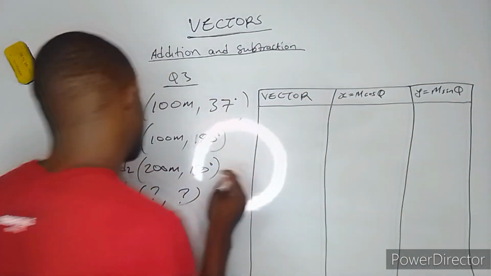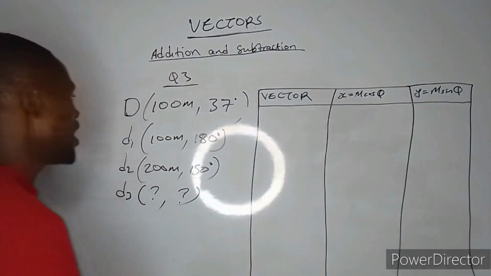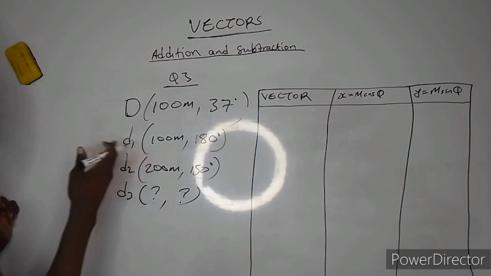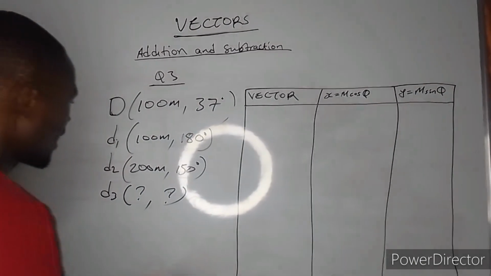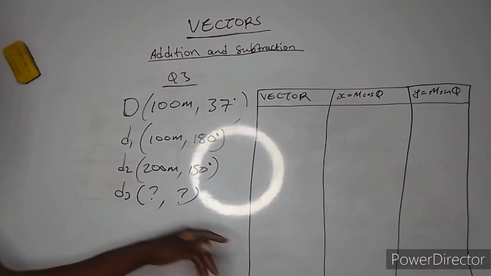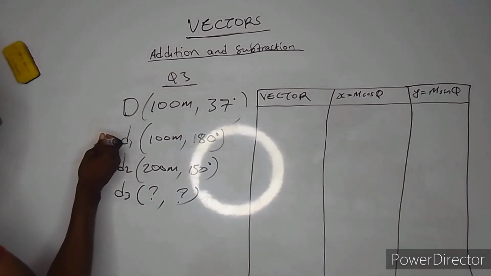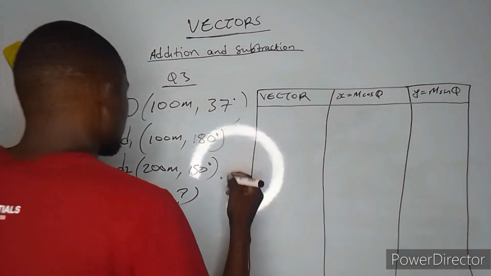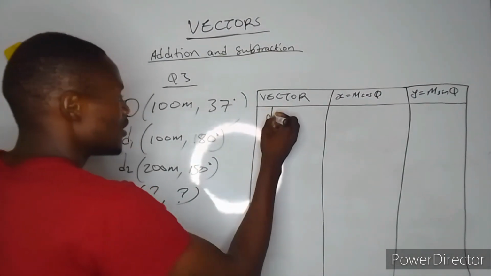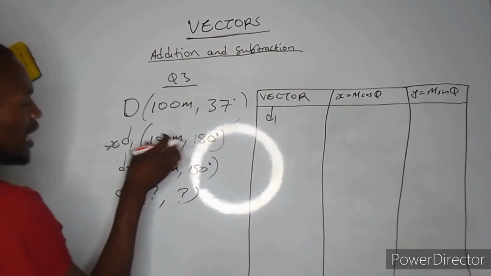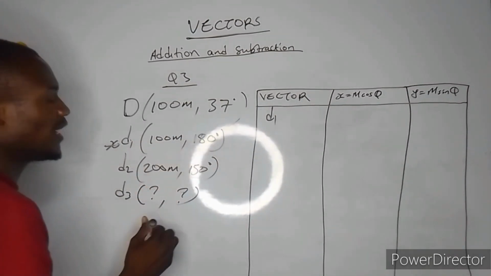Now, vector d1. I want D to be last, so don't ask why it is like this. We'll put D at the end, and start from d1 here. d1 has a magnitude of 100 and a direction of 180.